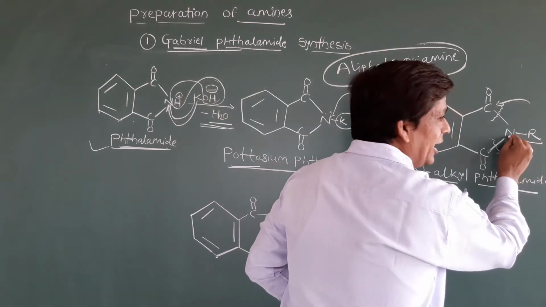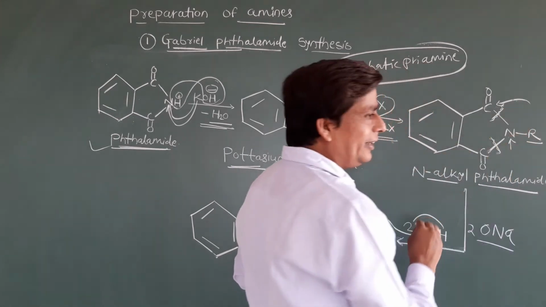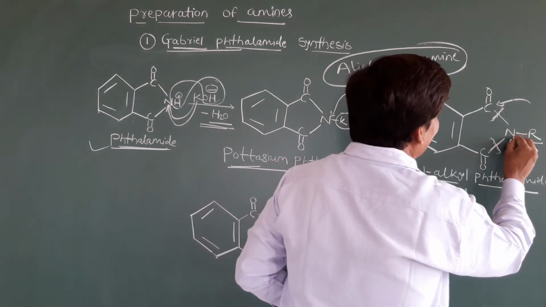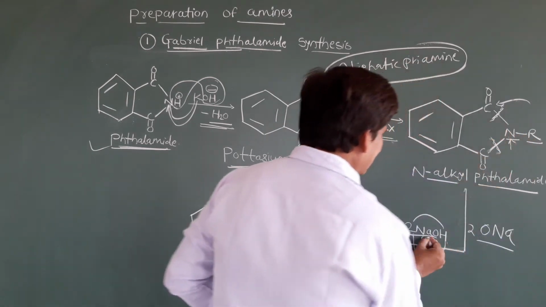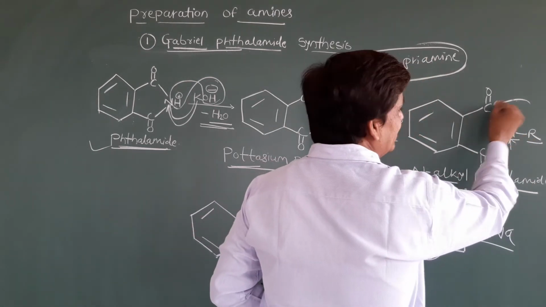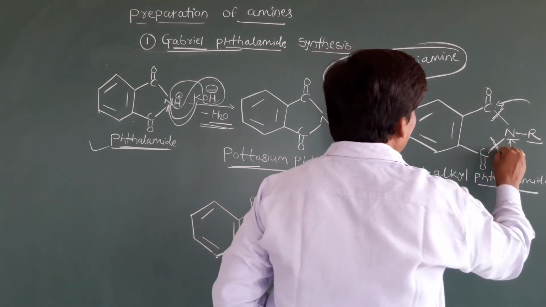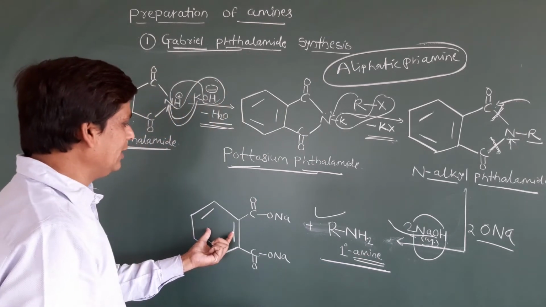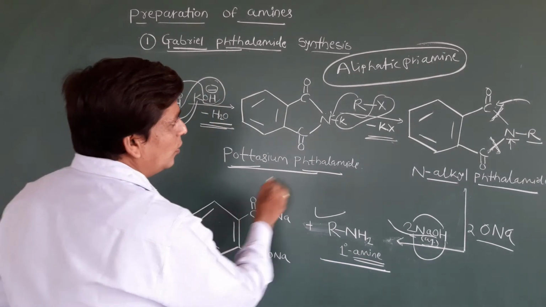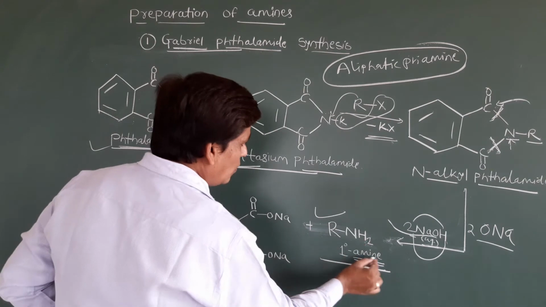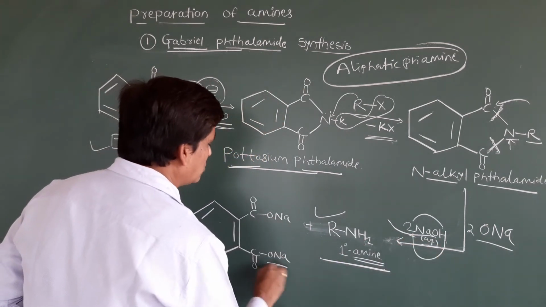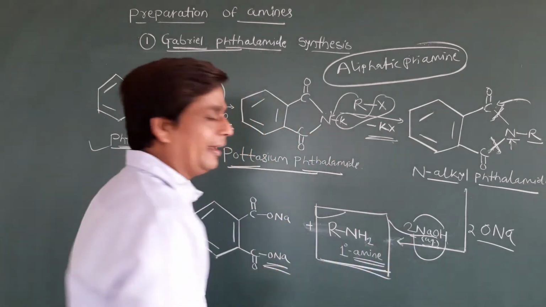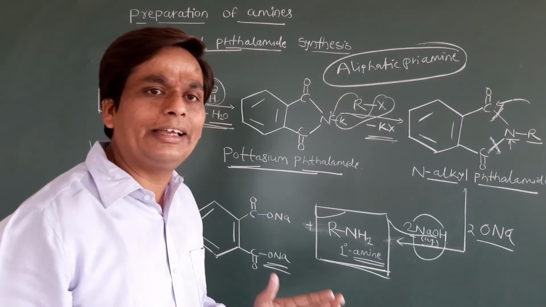This R, this nitrogen, the bond will break from here and here. Out of the 2 NaOH, 2 hydrogens are attached here and it converts into NH2. Then one ONa is attached here and one ONa is attached here. Simply, we will get a primary amine and here we will get this compound, benzene with C double bond O, this C double bond O, and this ONa group joins here, ONa here also. So the main product of this reaction is what? Primary amine. Okay, remember students, we will get primary amine here.